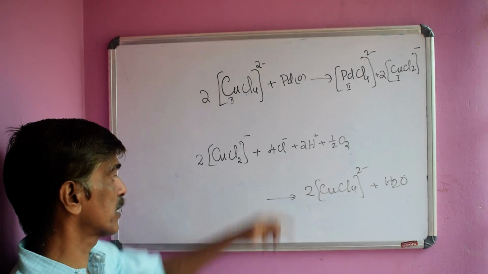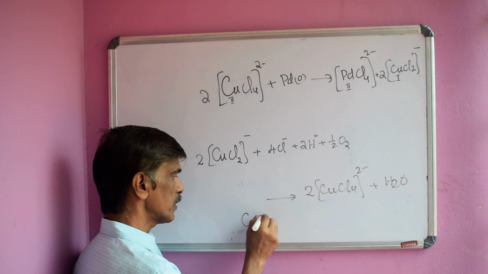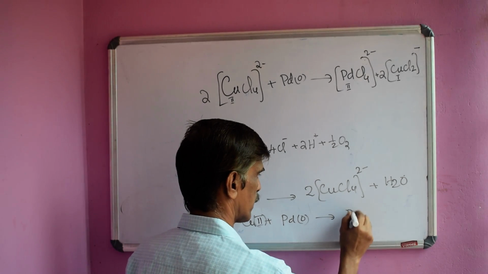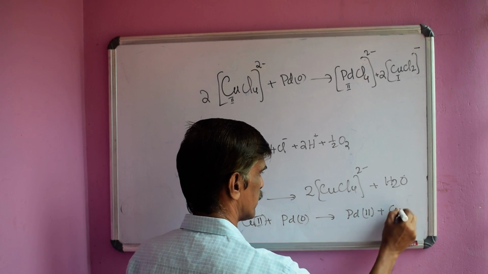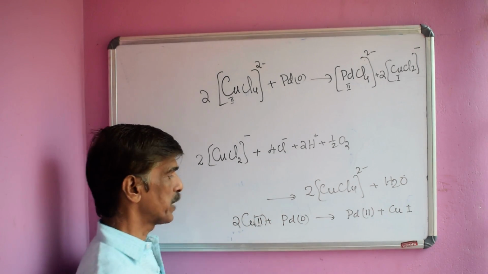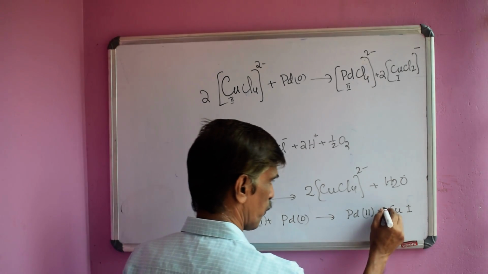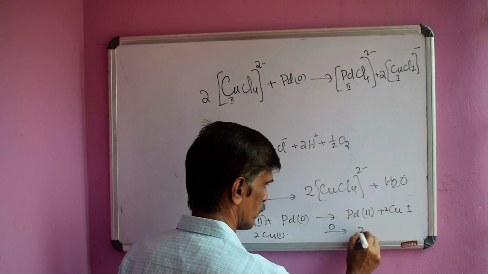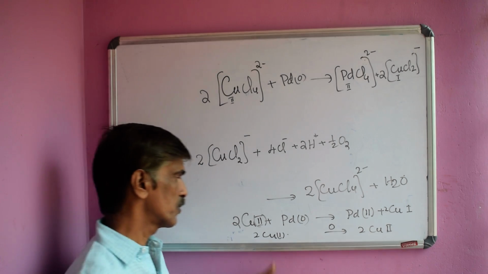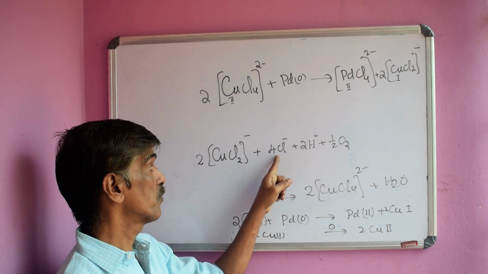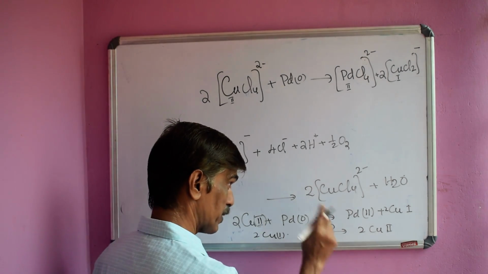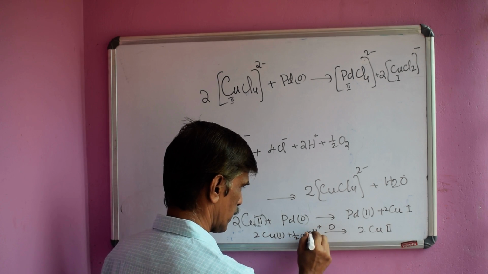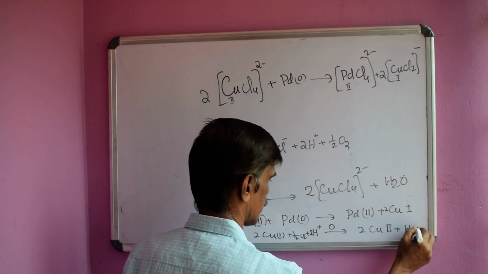This reaction: Cu2+ plus Pd0 giving Pd2+ plus Cu1. 2Cu2+ plus Pd0 giving Pd2+ plus 2Cu1, and 2Cu1 oxidized by oxygen into 2Cu2. 2Cu1 plus half O2 plus, we can write it like this.